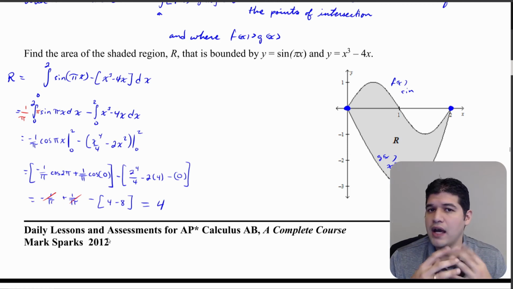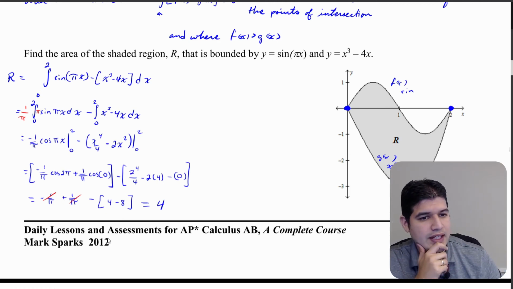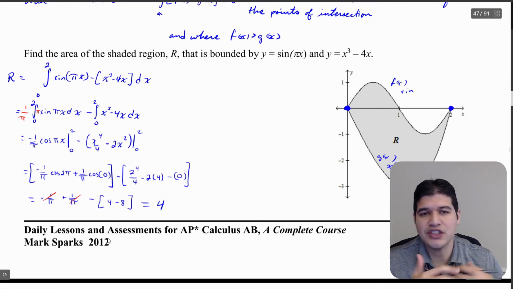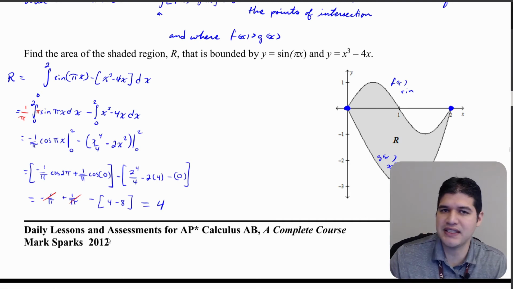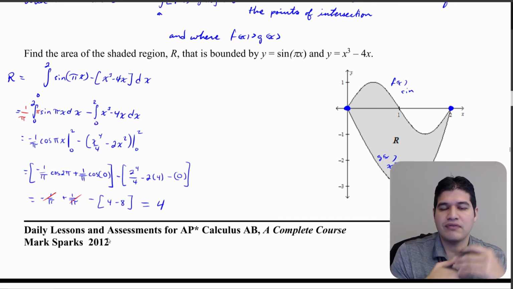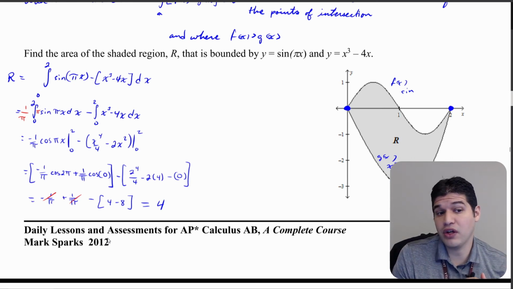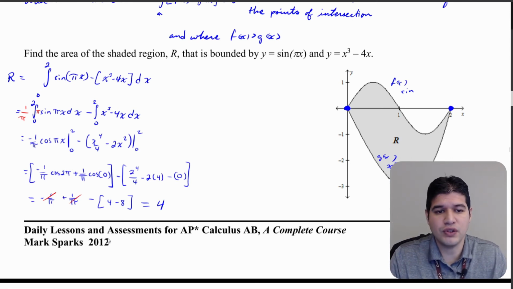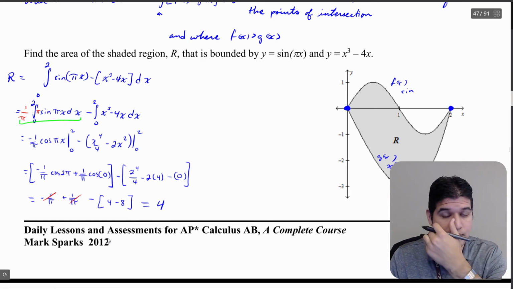Okay, so my final answer comes out to be 4. Some things I want us to take note of: to make this process a little bit easier, I ended up separating the two functions. I wrote it as one integral from 0 to 2 of my upper minus the lower function. But when I actually integrated the first one, I noticed that I'm going to need a chain rule problem, which we covered in a previous lesson.